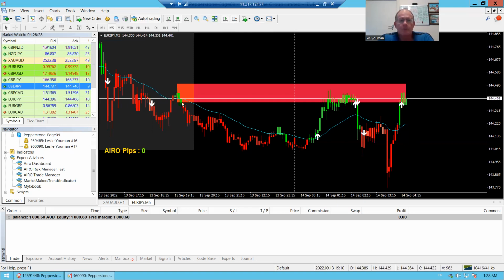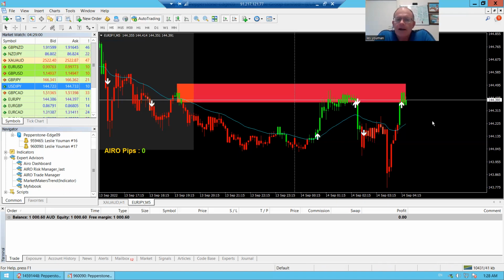It's bounced off resistance there, and it's there again now. So sure, it could break through and keep going up, but the whole idea of trading is to pick the opportunities that have the highest probability of playing out in your favor. And this one hasn't bounced off resistance, hasn't bounced off support, and the arrow is already right up here in resistance. So we wouldn't actually be taking this trade.